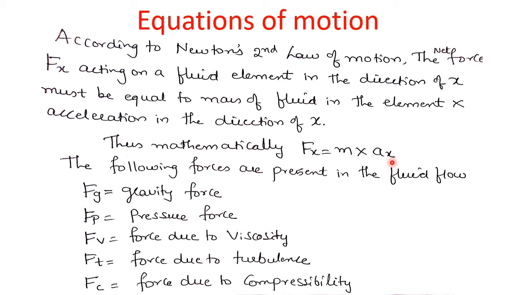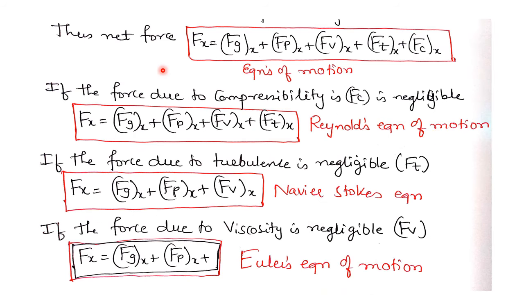this fluid flow. How do we write the net force Fx now? This net force Fx is the addition of all these forces, that is Fg of x plus Fp of x plus Fv of x plus Ft of x plus Fc of x.